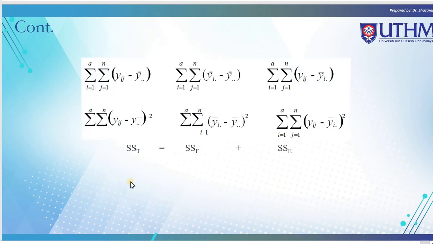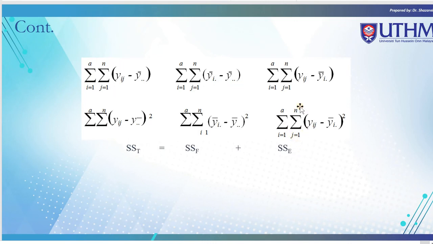From that we can summarize that the sum of squares total is equal to the sum of squares factor plus the sum of squares error, whereby these are sums of squared differences. So then we have the factor: the factor is the difference between the mean of each level and the grand average.